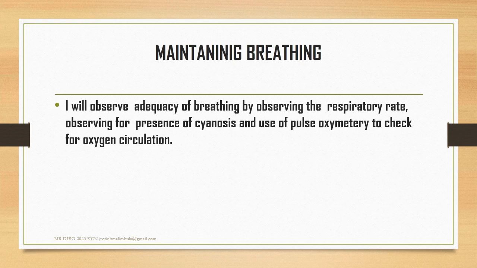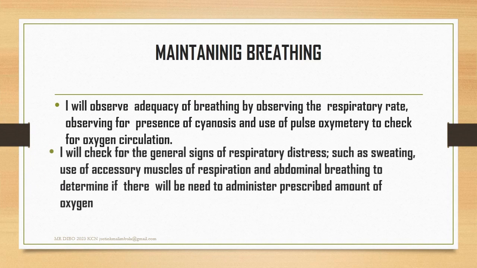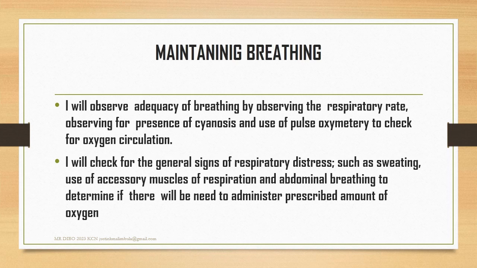Then you move to maintenance of breathing patterns. Under maintenance of breathing patterns, you are going to say, I will observe the adequacy of breathing by observing the respiratory rate, observing for the presence of cyanosis, and using a pulse oximeter to check for oxygen saturation. This is very important.